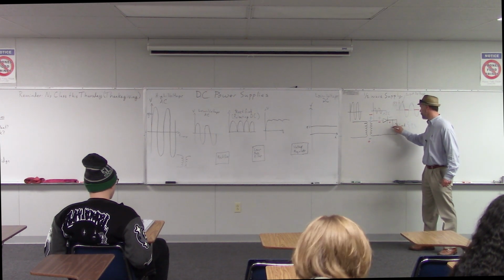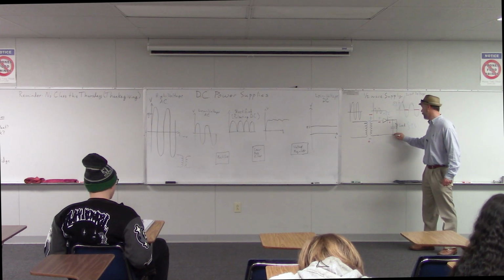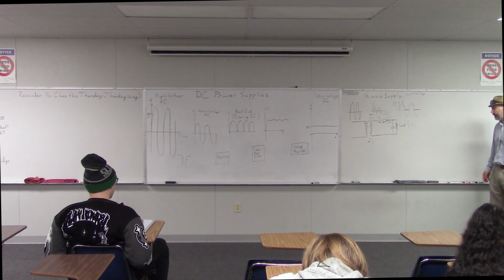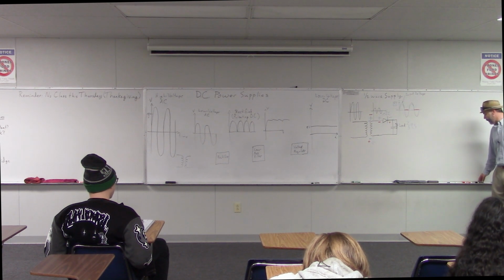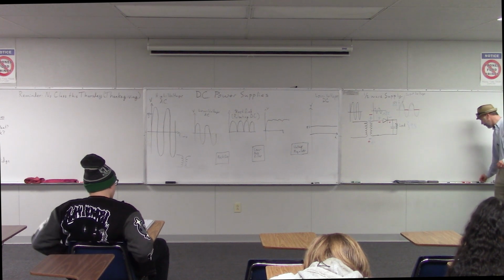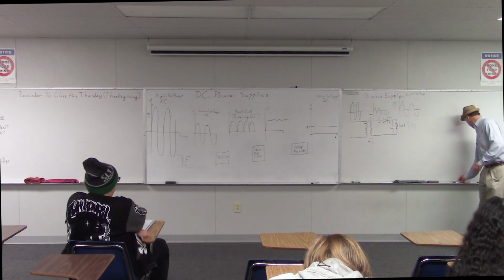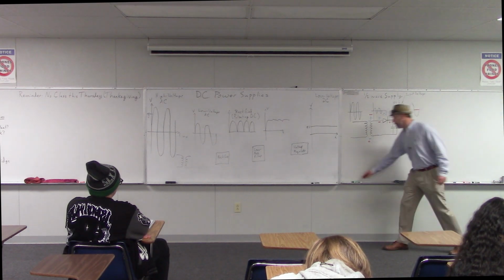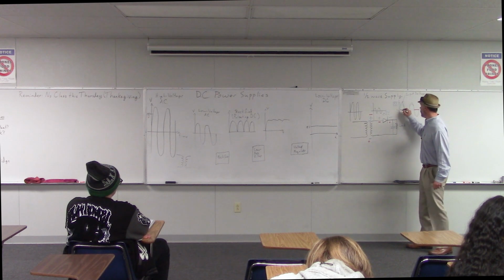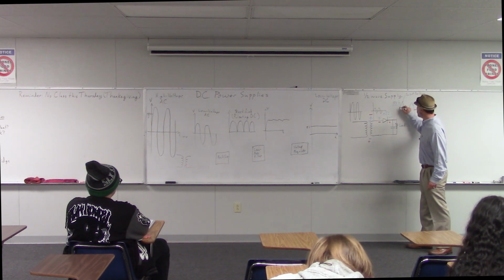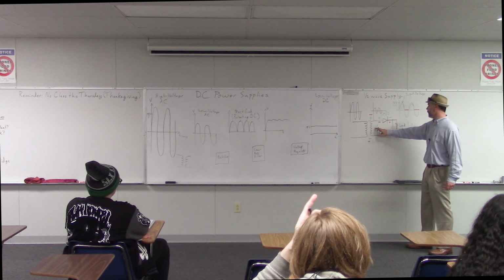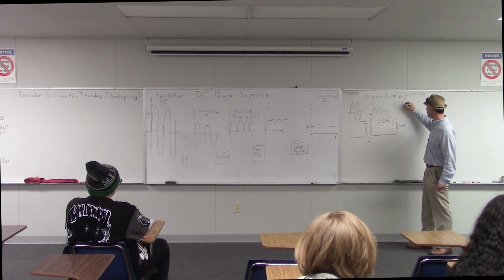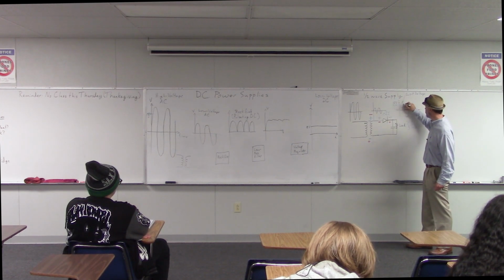So we just put a capacitor here in parallel with our load, and that smooths out the signal quite a bit. So when we have that capacitor in place, the output increases and charges up when the input goes up, but then when the input goes down, the capacitor discharges kind of slowly.